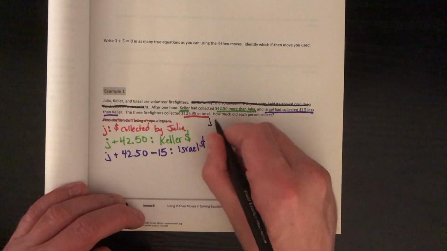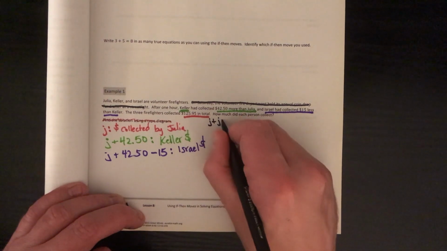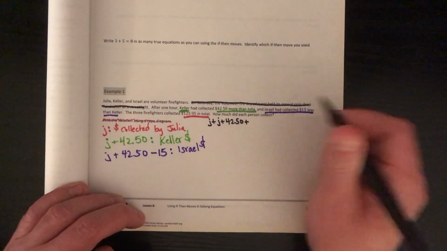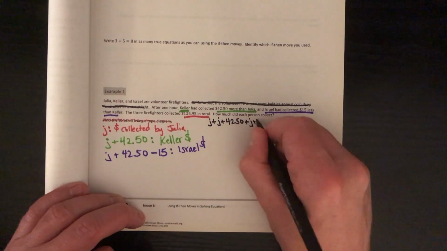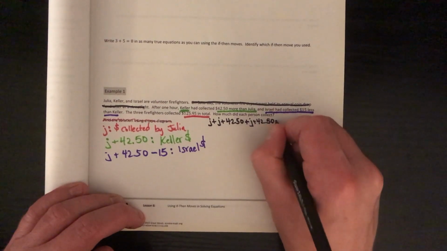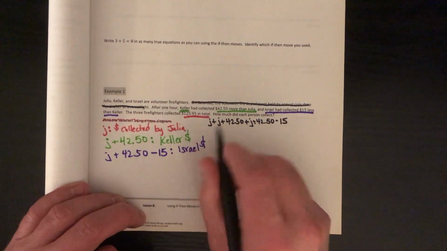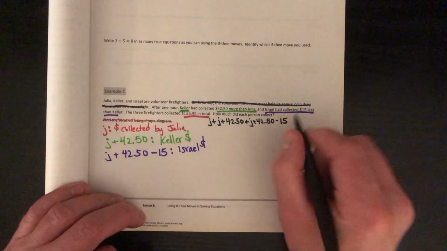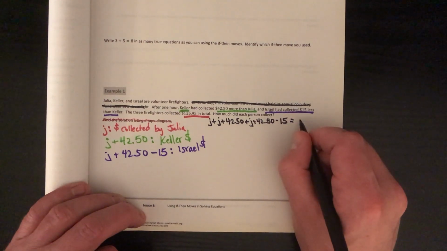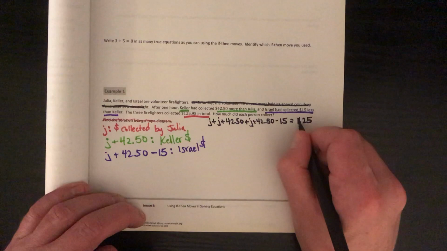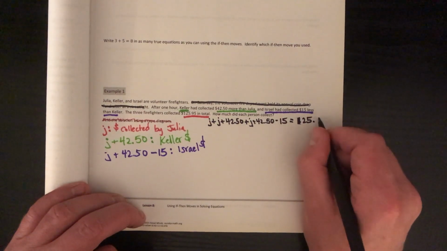So I got J for Julia plus J plus 42.50 for Keller plus J plus 42.50 minus 15 for Israel, right? So I had to have all three pieces, so I wound up with 3 J's in my equation here. And that's all supposed to equal 125.95.